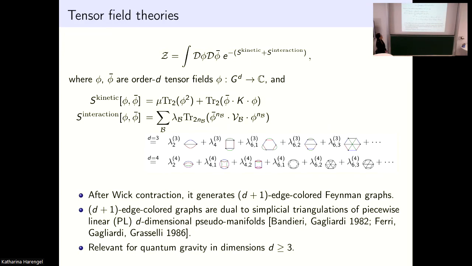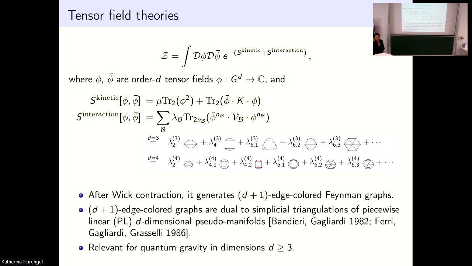So it's a field theory of order D tensors, where little d is the number of indices of the tensors. And these tensor fields map the group G to the D to, in this case, I write complex, but you could, in principle, have real or anything else as you wish.